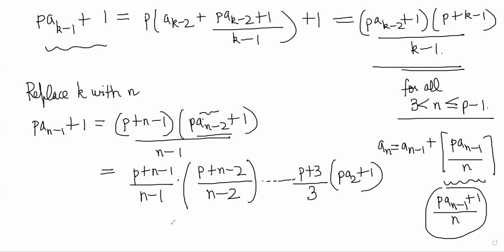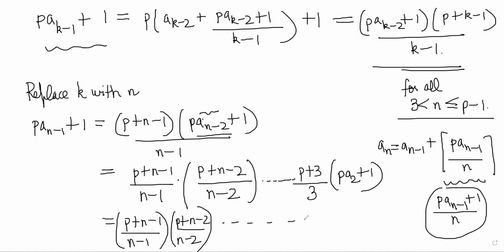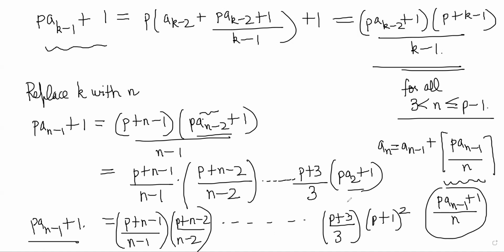So what we can show here is that this expression becomes the product of these fractions, p plus n minus 2 by n minus 2, and so on till p plus 3 by 3, and this is basically p plus 1 whole square. So p a n minus 1 plus 1 is becoming equal to this after repeated applications of the same step.